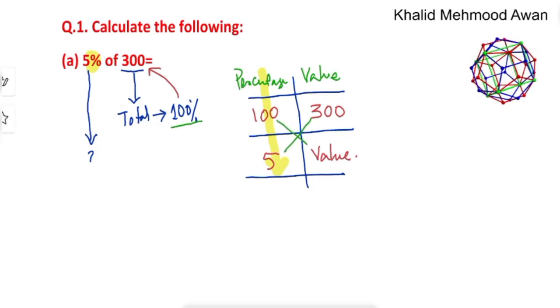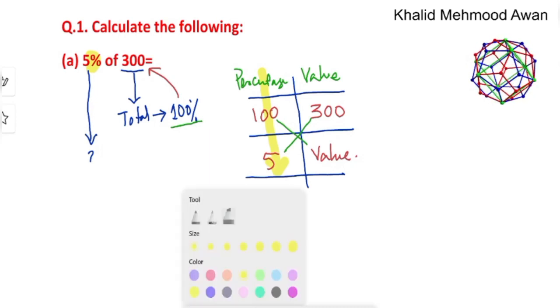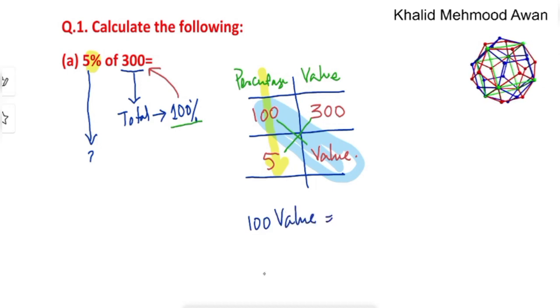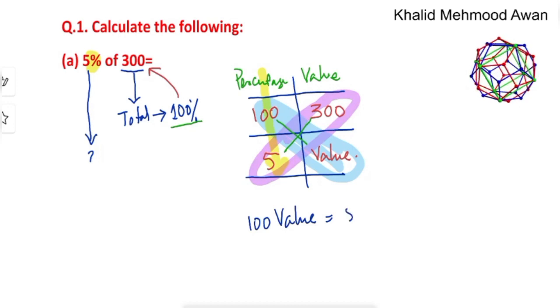So first of all, we'll be multiplying the non-given value with the percentage, so that will be 100 times value is equal to, then on the other side, 300 times 5. So we'll be multiplying 5 times 300.